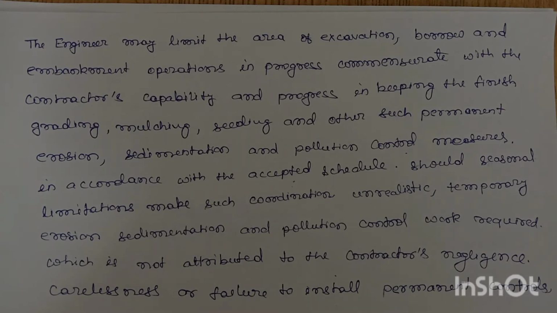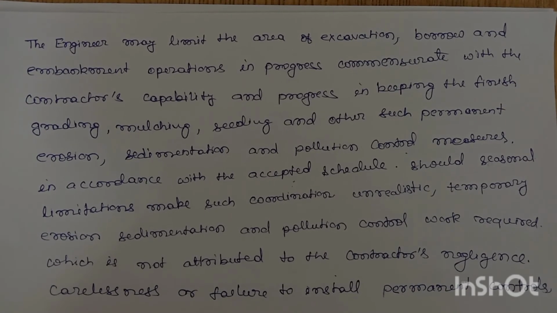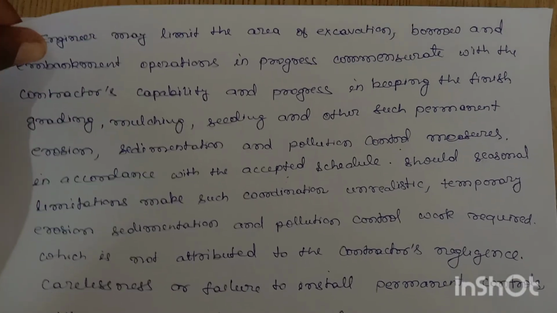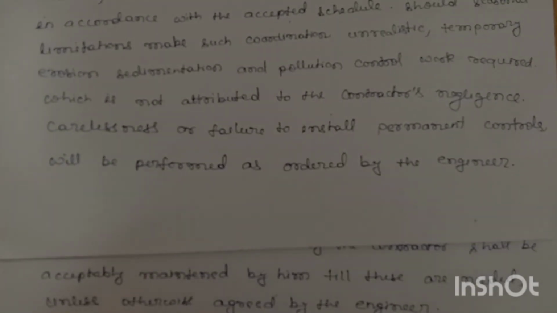Should seasonal limitation make such conditions unrealistic, temporary erosion, sedimentation, and pollution control work required, which is not attributed to the Contractor's negligence, carelessness, or failure to install permanent controls, will be performed as ordered by the Engineer.